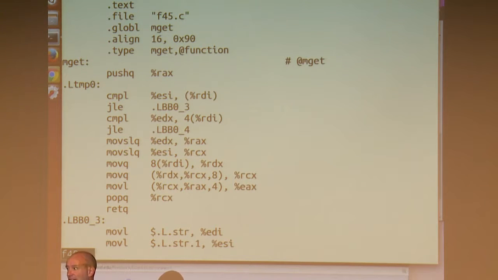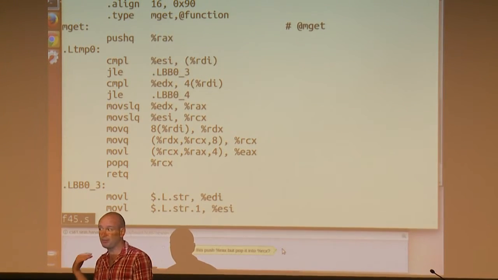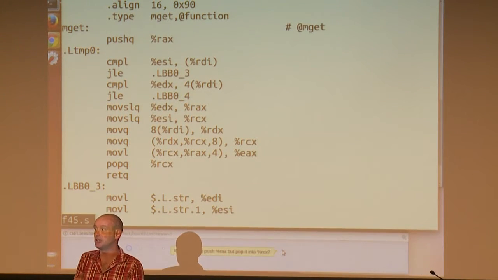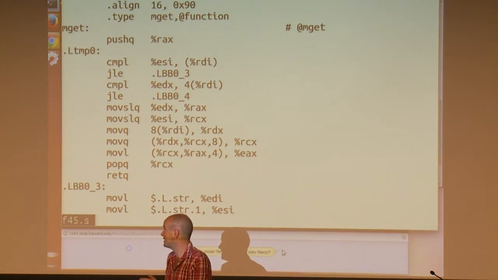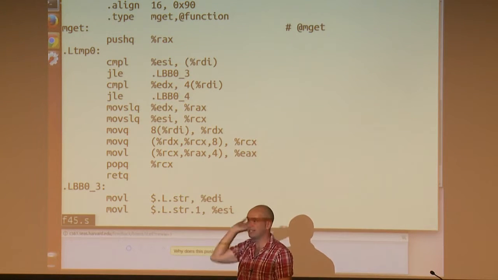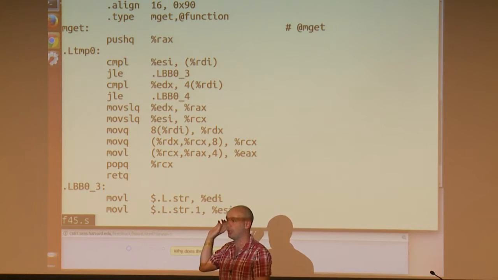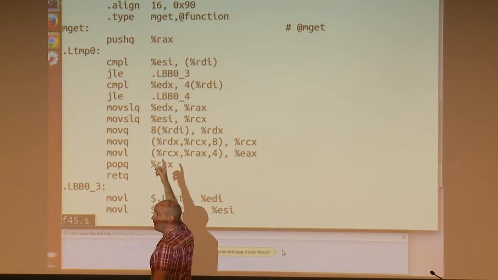You're allowed to modify the stuff with smaller addresses. But when the function returns, right before the return instruction, the stack pointer has to be exactly where it was when the function started. Okay? So this is doing a pop into RCX just as a way to shift the stack pointer back to its original value. This value that was in RAX is garbage.